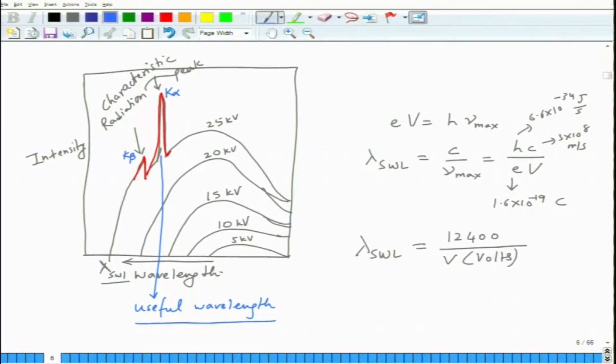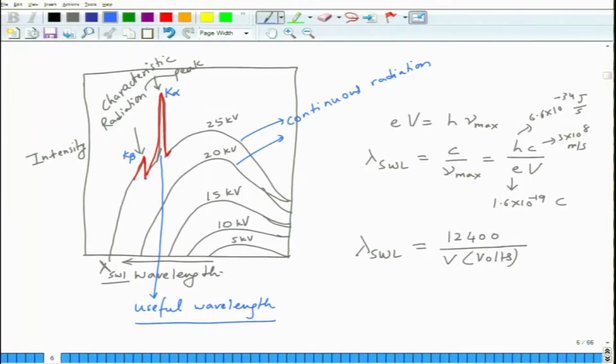And these plots are called continuous radiation because they are basically continuous contours. They give you the overall output of a material at a given voltage. They have all sorts of X-rays, and the intensity changes as a function of wavelength, but there is no very sharp peak at lower voltages.